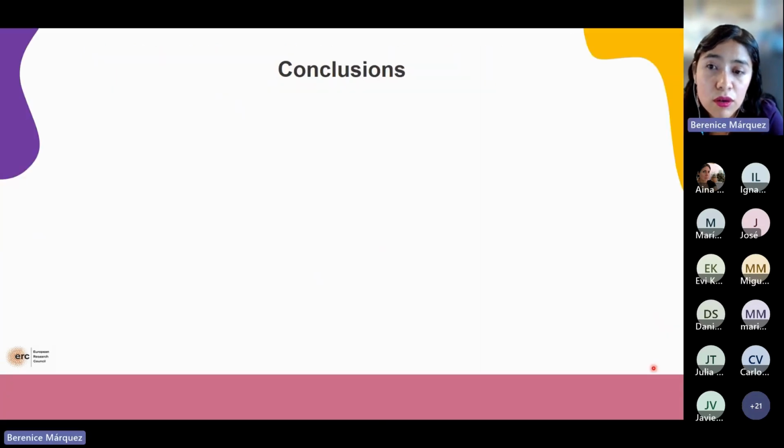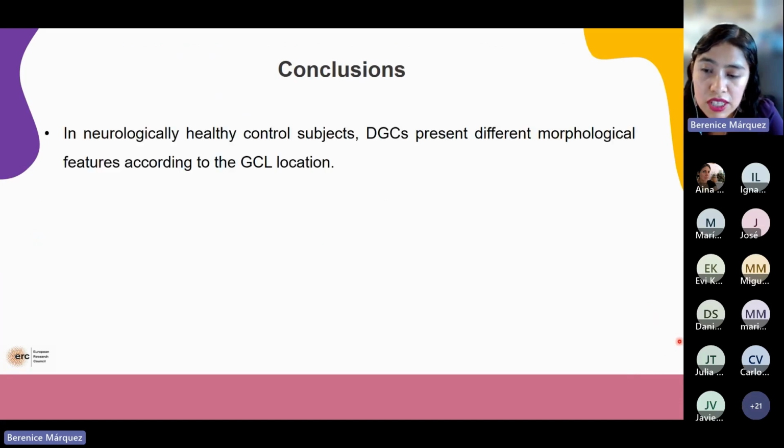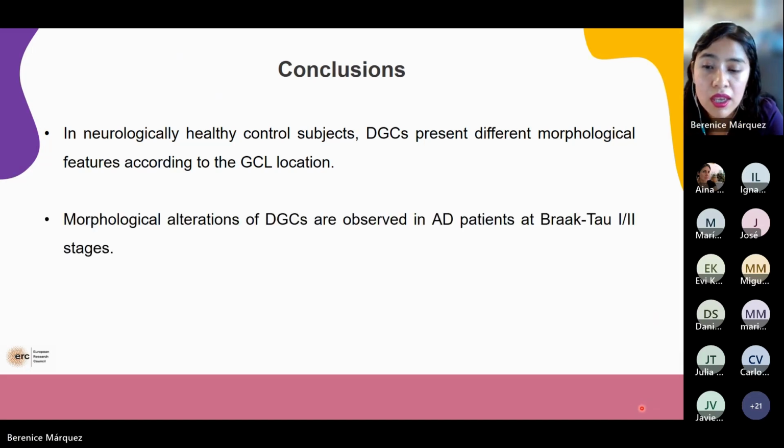As conclusions, our data reveal that in neurologically healthy control subjects, dentate granule cells present different morphological features according to the granule cell layer location. Several morphological alterations of dentate granule cells are observed in Alzheimer's disease patients at Braak 1 and 2 stages, possibly before the appearance of the distinct clinical symptoms of this condition.